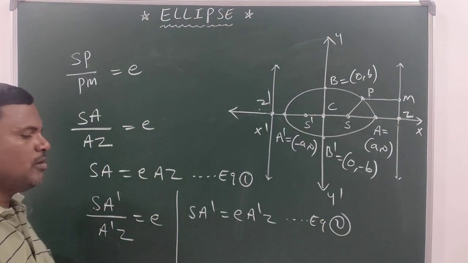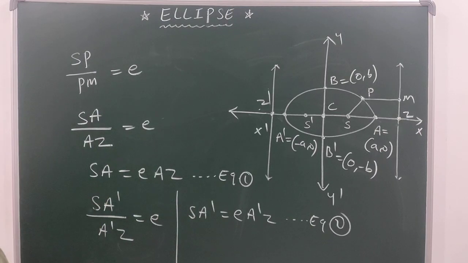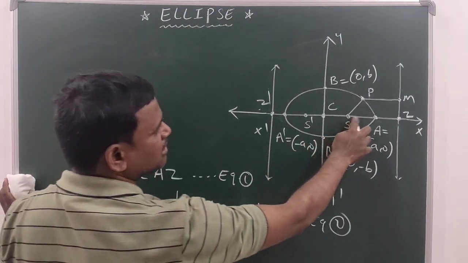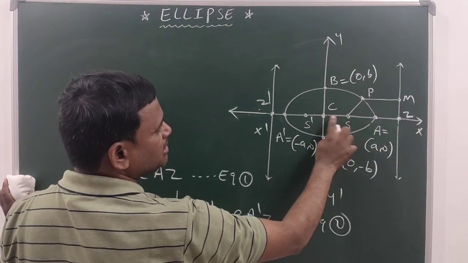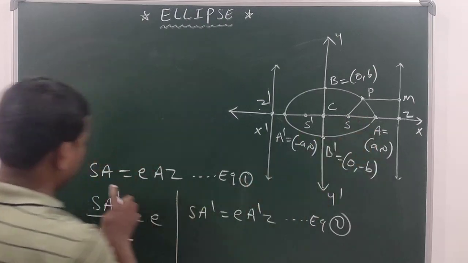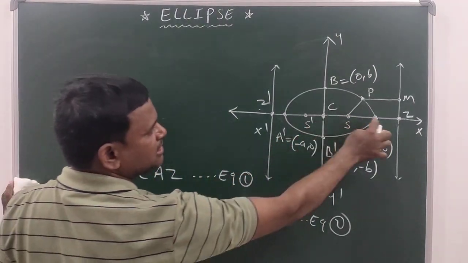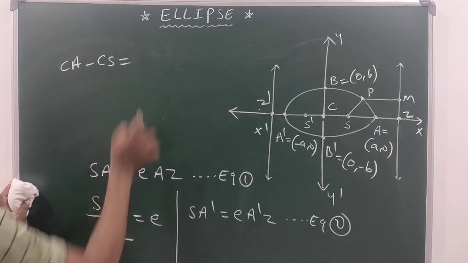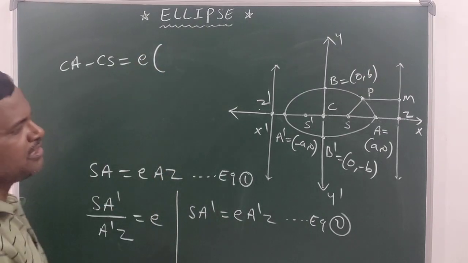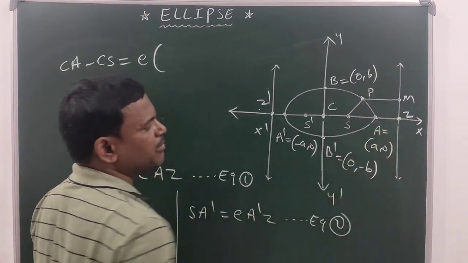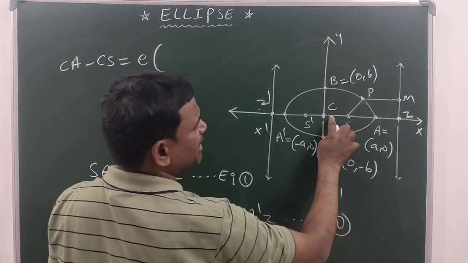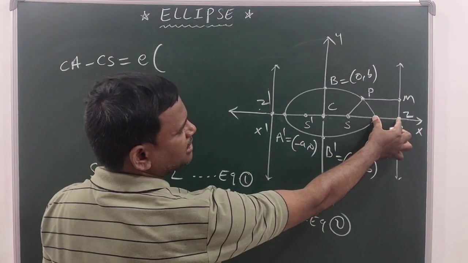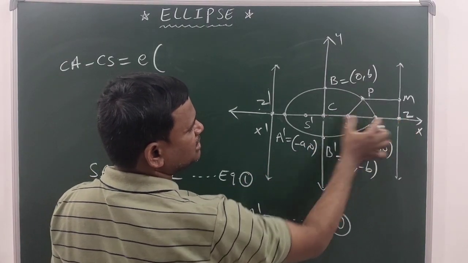Now add both of them, and before adding, see students, SA can be written as CA minus CS, which is equal to E of AZ. AZ in this figure can be written as CZ minus CA.